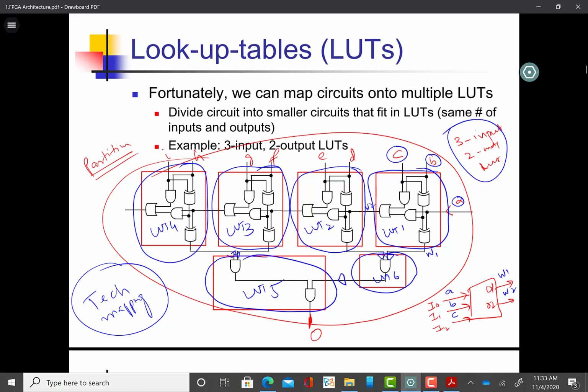For example, Xilinx ISE or Xilinx Vivado will automatically do this mapping for you. Unless you are a researcher and you want to control this process and you are interested in the software side of electronic design, and you want to develop your own technology mapper, then you can play around with this process and develop your own algorithms for it.